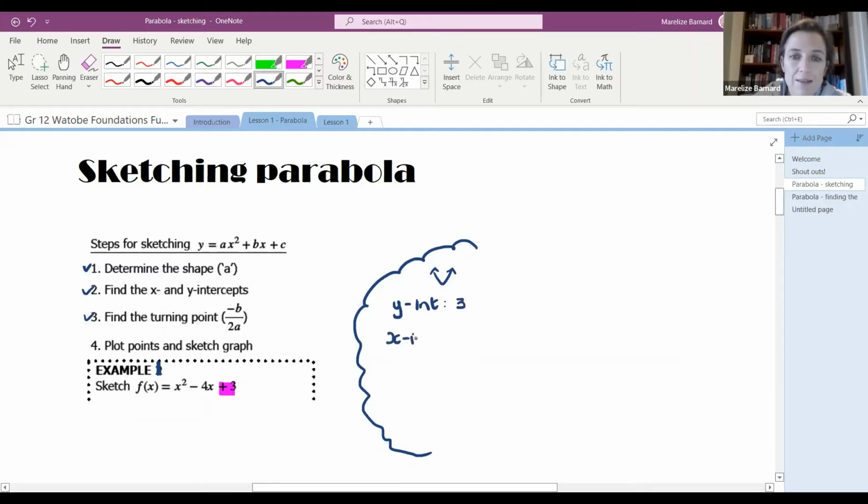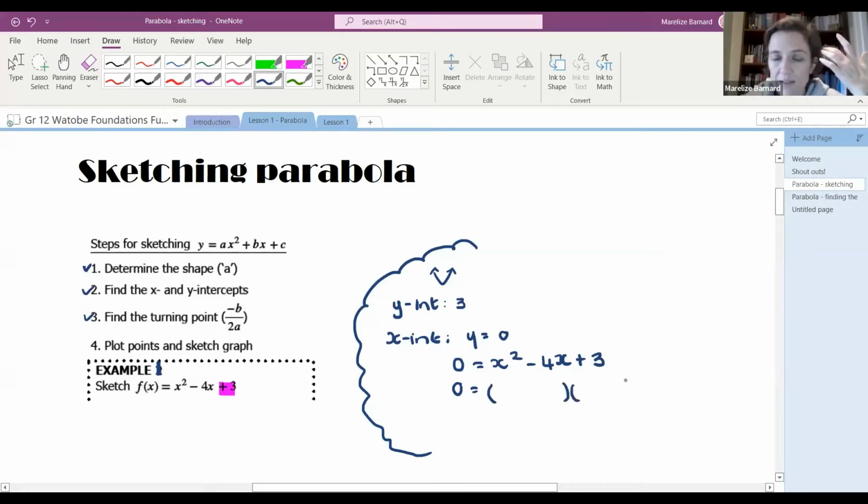My x-intercept, always for x-intercepts, we make y equal to 0. So we're going to take our equation and basically make it equal to 0. And here we have a quadratic. We basically now have a quadratic equation that we have to solve for.